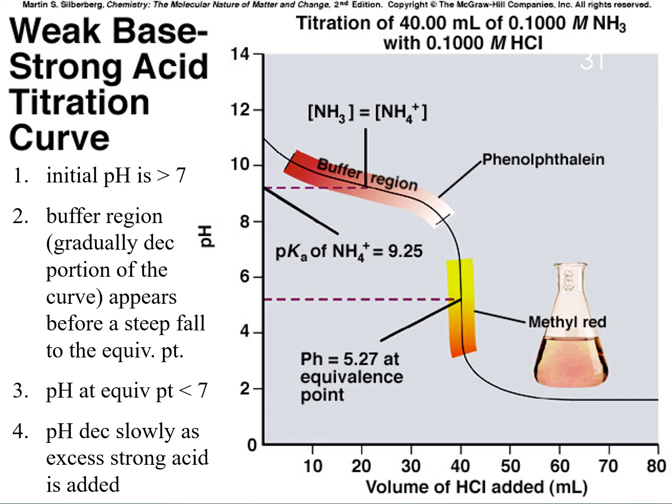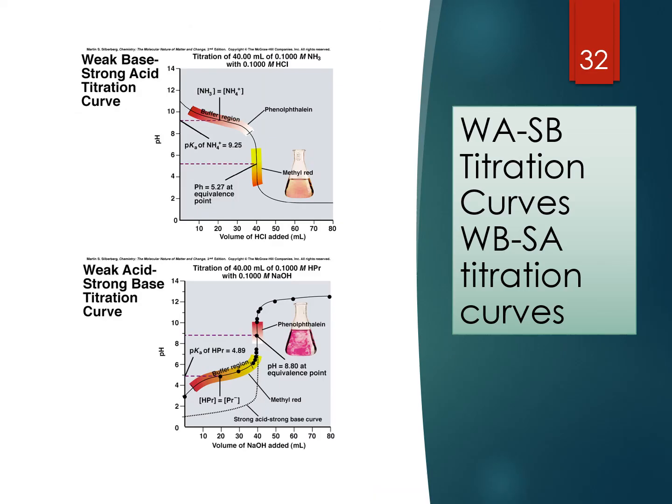But this is when the titrant, the strong acid, is now in excess. And then pH decreases slowly as excess strong acid is added. So basically that's the difference between the weak base strong acid titration curve and the weak acid strong base titration curve.